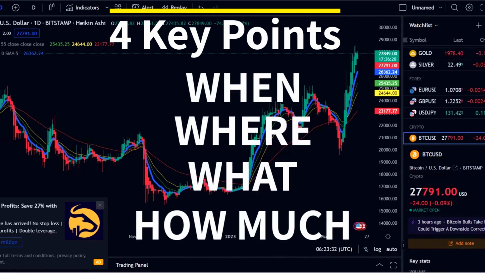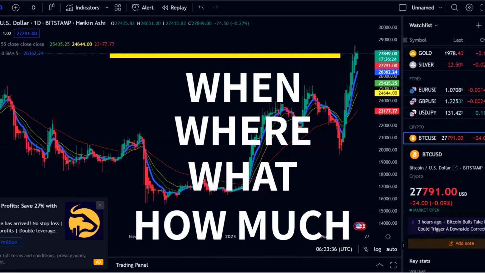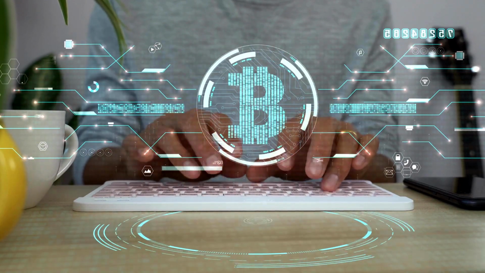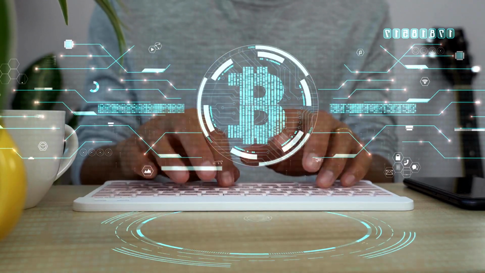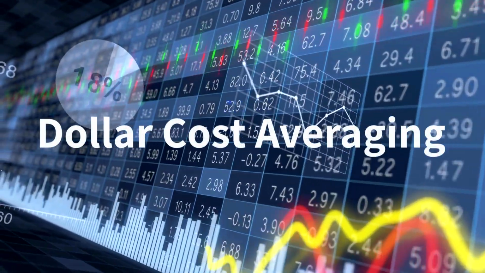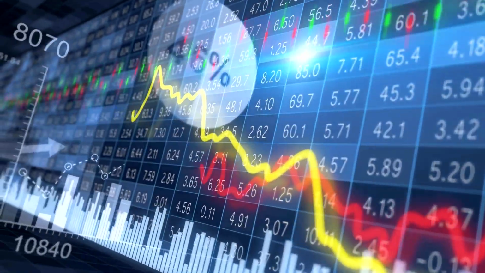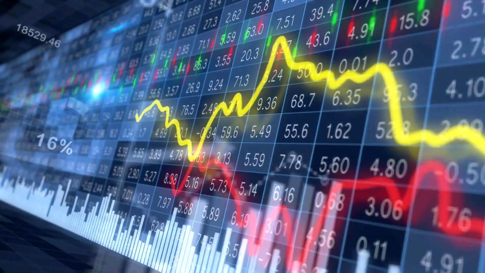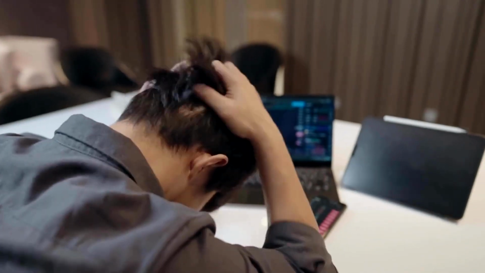But before we discuss those 4 points, we need to understand what dollar cost averaging is, if it's for us, and can we utilize it to our advantage for building long-term wealth. Dollar cost averaging, or DCA, is a less measured investment plan that helps investors eliminate emotion-based decisions.